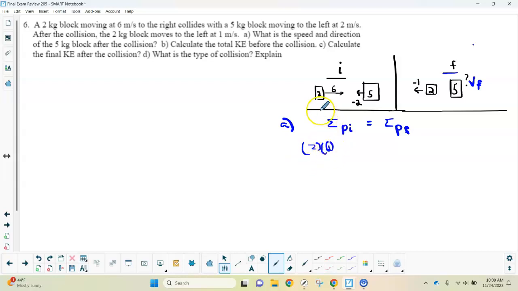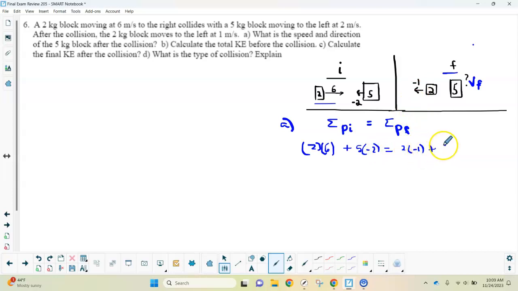Because that's this piece, and that's supposed to be a 6. Let me redraw that because it's pretty incomprehensible. So that's 2 times 6. There we go. And then we're going to add, because sigma means add, the momentum of this one. So this would be 5 times -2. And that should equal, at the end, 2 times -1.